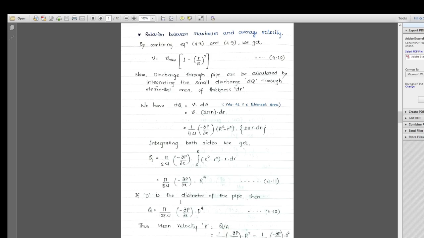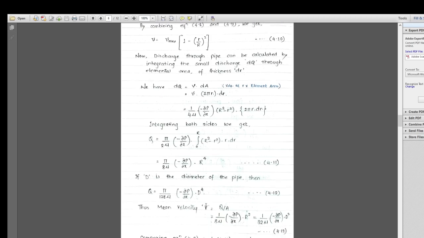If D is the diameter of the pipe, then we can write pi by 128 mu into delta p by delta x into D raised to 4, because D is equal to 2R. So we can substitute the value of R as D by 2. Substituting R as D by 2, we get the equation of discharge through the pipe in terms of D. So Q is equal to pi by 128 mu into minus delta p by delta x into D raised to 4.